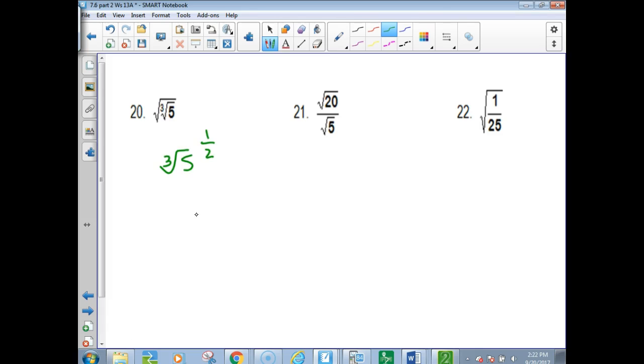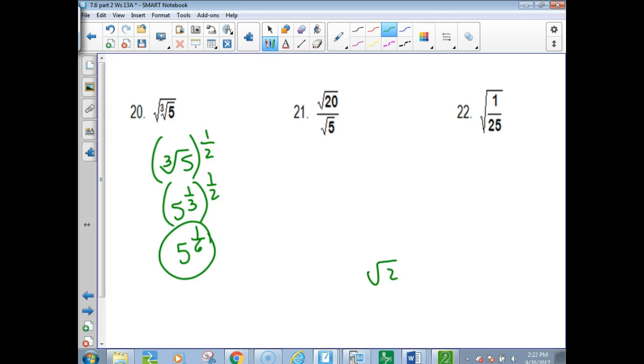Okay, how can you write a cube root as an exponent? So now what do you do when you have a power of a power? Multiply. Is that kind of neat? So what would that be? Oh my gosh.